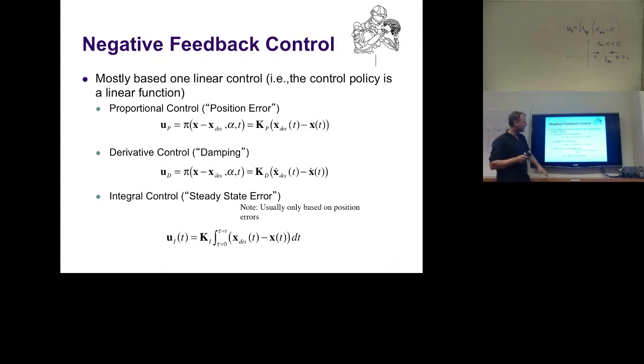The second component is derivative control, which is about damping. Now you basically write the same equations as you had before. Let me get rid of these things. You have now a dot here, and we call this Kd. Again, a positive gain matrix, positive scalar multipliers, multiplying an error in velocity.